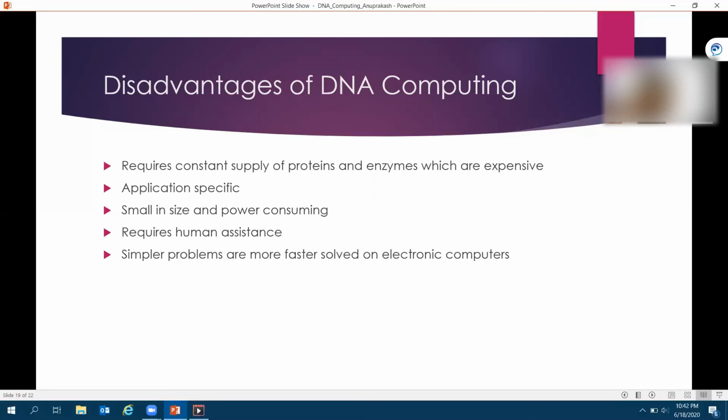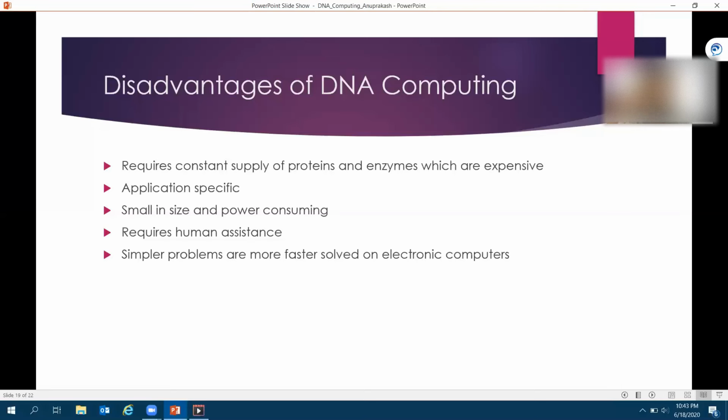No, definitely not, because that amount of parallel computation cannot be achieved from semiconductor based computers, and it will never be feasible. In fact, there would be many problems which could not be solved by the present semiconductor systems. So for those types of problems, we can use DNA computing, since DNA computing has a very high parallel computation capability.